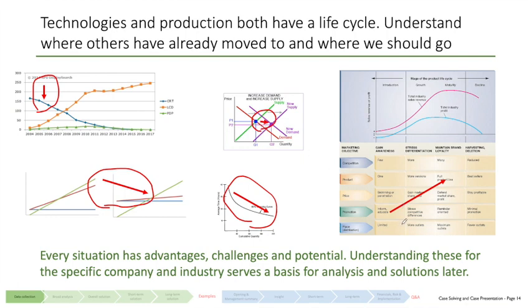And last but not least, in our cycle model, again, we could argue that maybe a company must move from a promotion-oriented marketing approach to a more product feature marketing approach. And there we could try to understand how other companies have done that successfully and what we can learn from them.